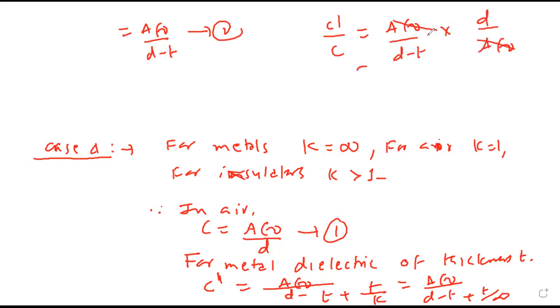A epsilon naught cancel. C dash will be D upon D minus T into C.